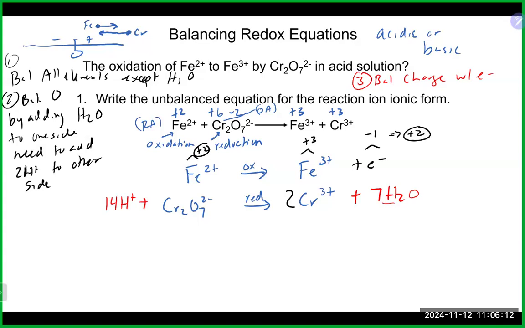If I look at the bottom one, that has 14 H pluses. That's going to contribute +14. This entire thing has a -2 charge, which means it all adds up to -2. That's going to give me a net +12 going on the left-hand side. On the right-hand side, that is 2 times 3 plus, which is +6. And that is 7 times 0, which is 0.